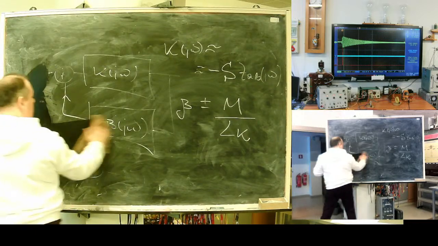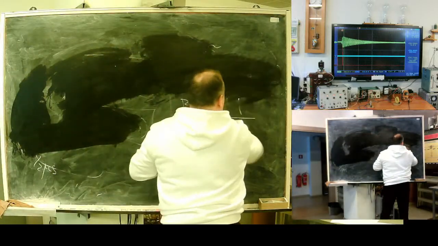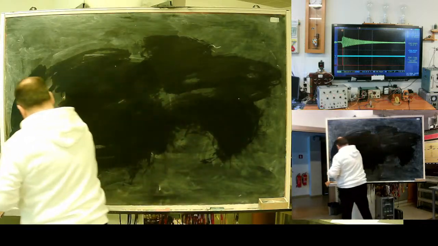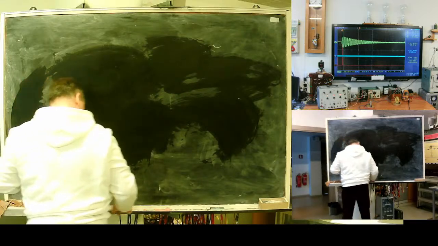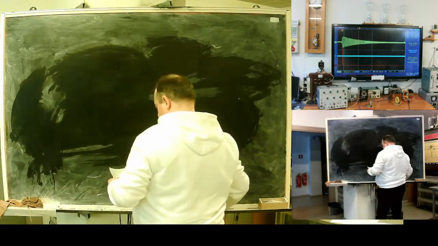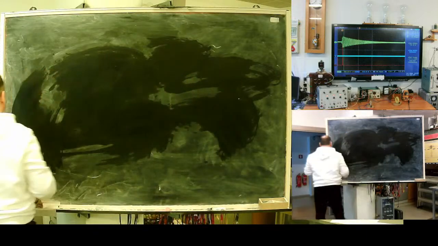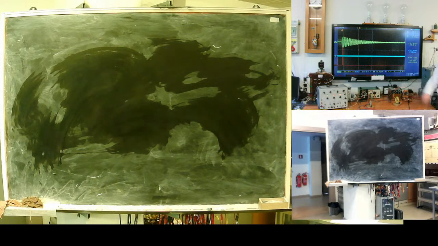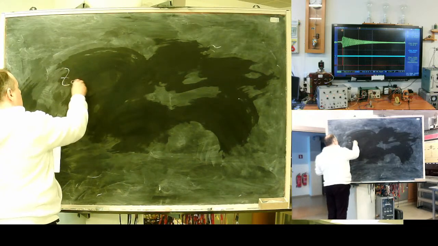But it's not important at this moment. What's important? What's important? The input resistance of the load of this network, the input resistance of this network, can be written AB.